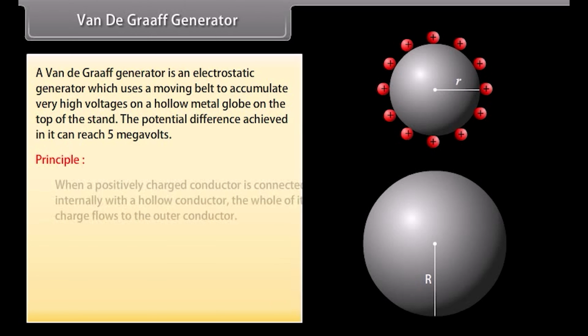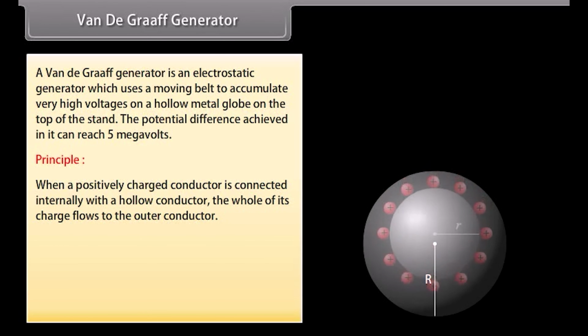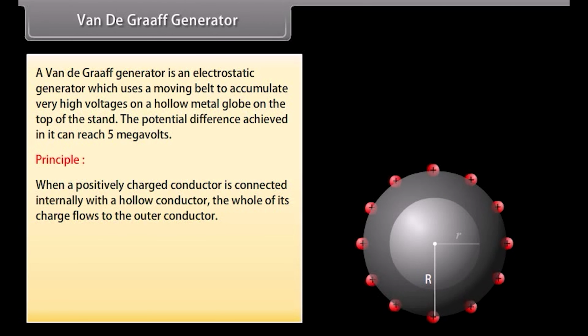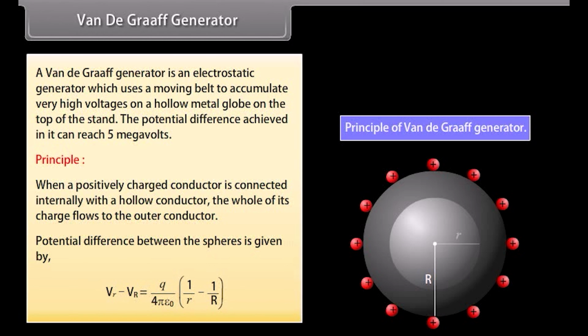Principle: when a positively charged conductor is connected internally with a hollow conductor, the whole of its charge flows to the outer conductor. Potential difference between the spheres is given by VR minus VR is equal to Q upon 4 pi epsilon naught multiplied by 1 by R minus 1 by R.